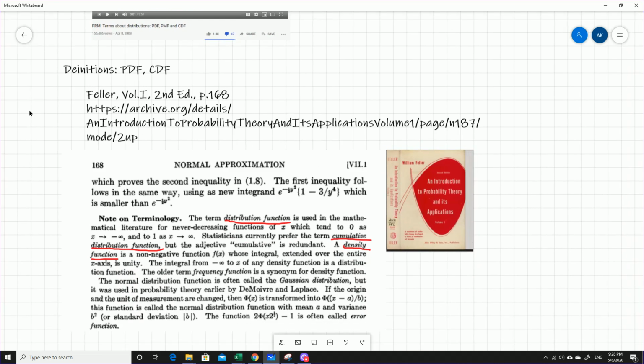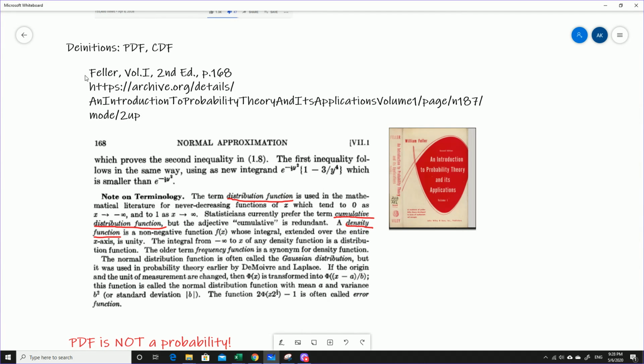So first let's just briefly mention the definition of PDF and CDF. I'm not trying to define it here, but I'm referring you to one of my favorite books, Feller, Probability and Its Applications. I'm giving you the URL. This is not a pirate URL. This is a legit URL on an open source book.